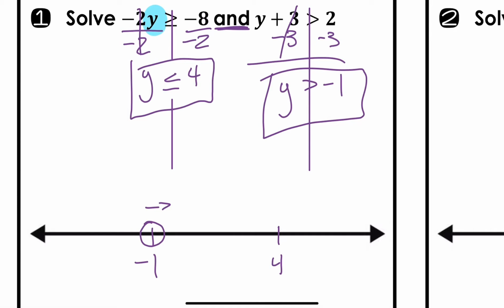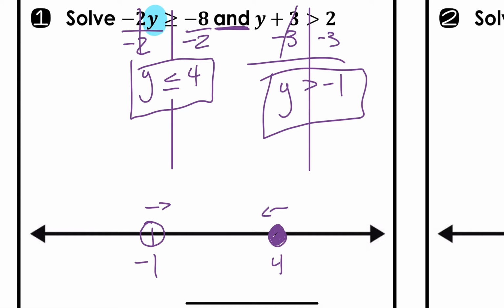Okay, so we have y is less than or equal to 4. So I am going to put a circle at 4. I'm going to fill it in, and then I'm going to show that we are going this way. So I have my negative 1 going this way, and then our 4 is going this way.